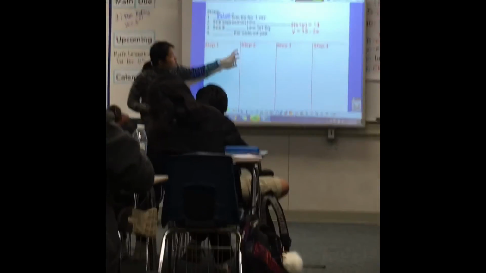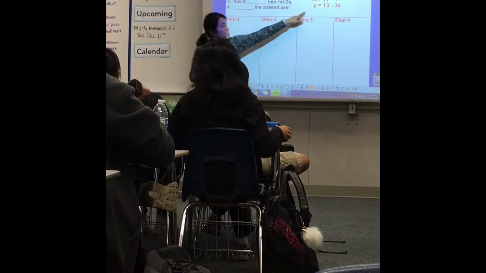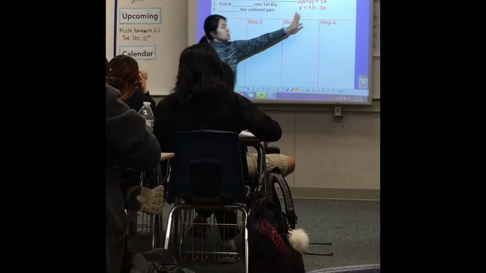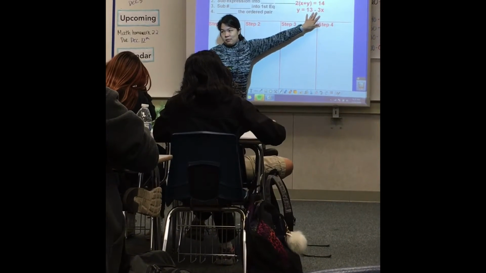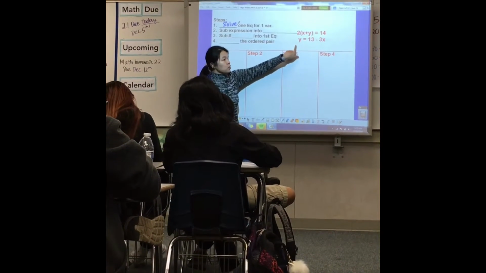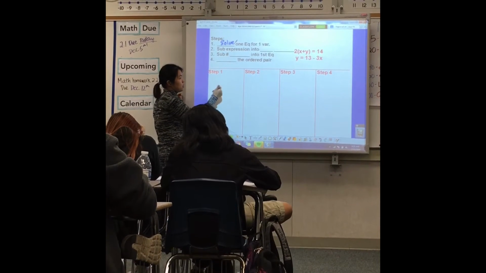So your step number one, these are the two equations, okay? Notice how y is equal to 13 minus 3x, okay? That's saying that y is equal to some number of this combination, okay? So because it's already solved, because one variable is on one side and has an equal sign, I know that's fine. So I'm gonna write it here.